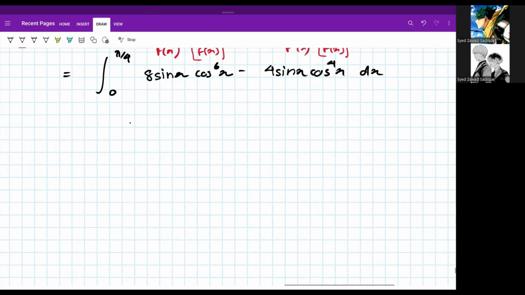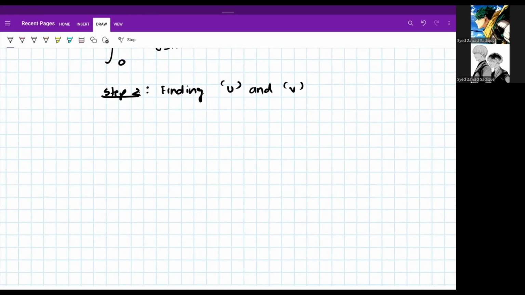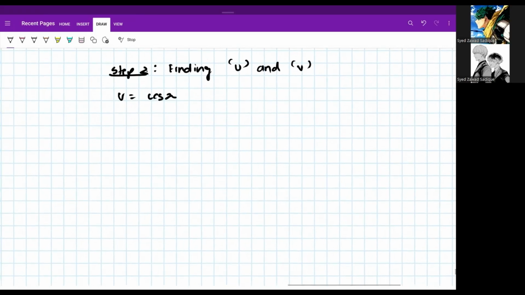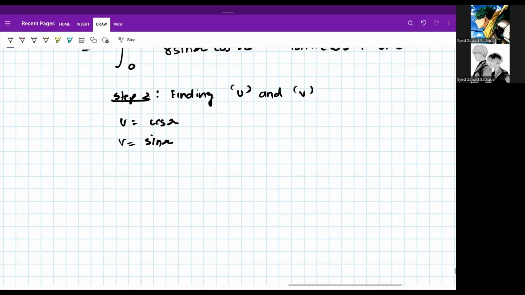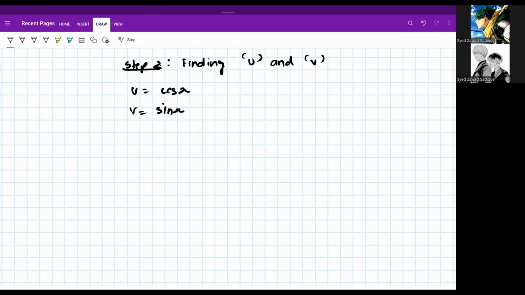So step 2 is finding u and v. So, u is equal to cos x, v is equal to sin x.